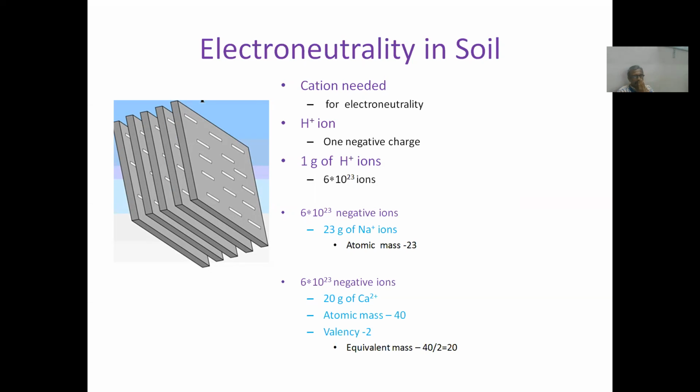And you also know that 1 gram of hydrogen ions contains 6 into 10 power 23 ions. 6 into 10 power 23 is, after all, Avogadro's number. So it is a number.